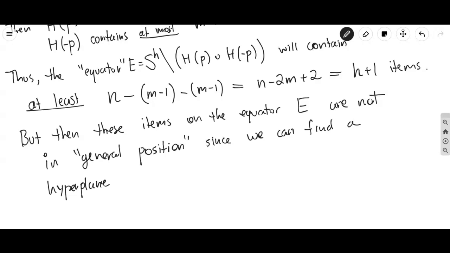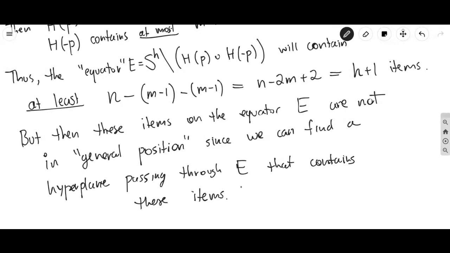Here we're working in higher dimensions, so we call it a hyperplane. A hyperplane is a subspace of dimension 1 less. So we can find a hyperplane passing through the equator E that contains these items. So that then ends up violating what we said.